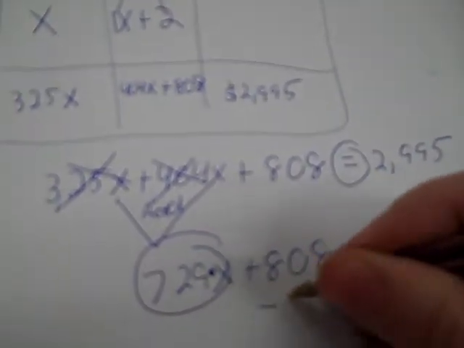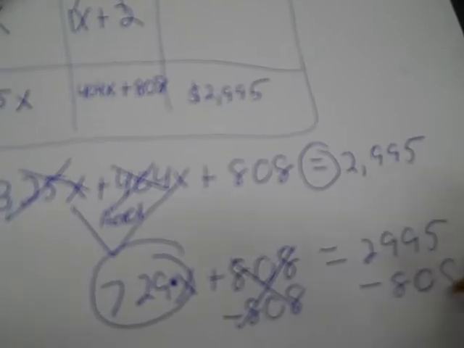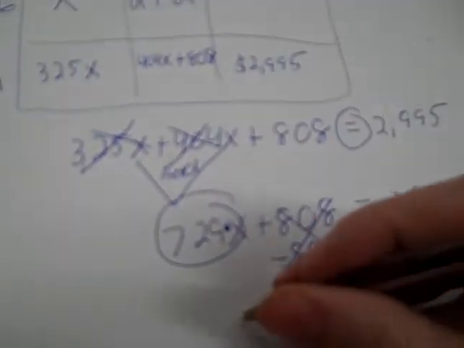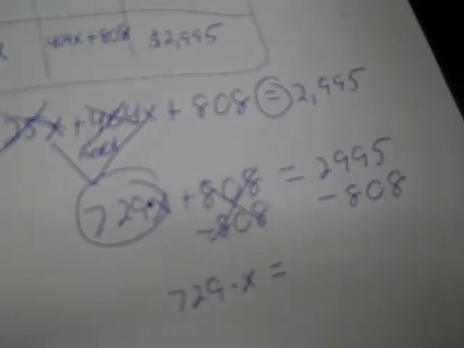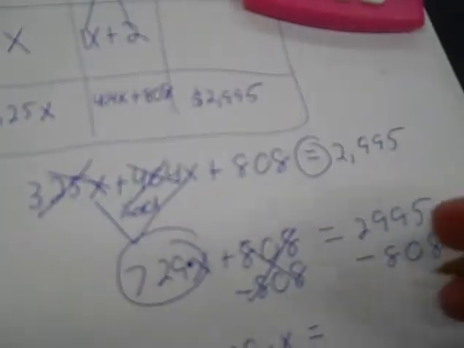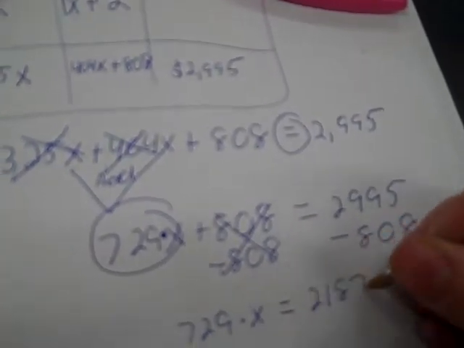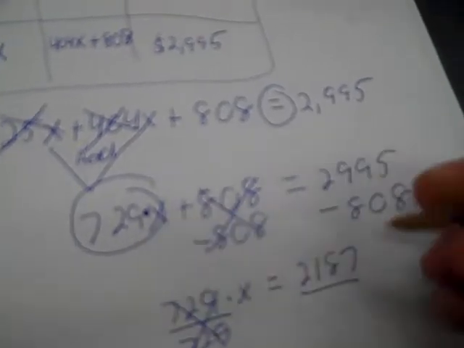And first we have to subtract 808. So I have 729x equals $2,187, and now I divide by 729.